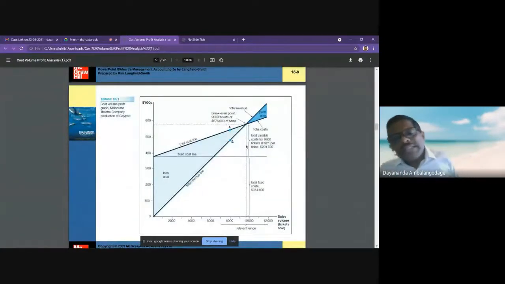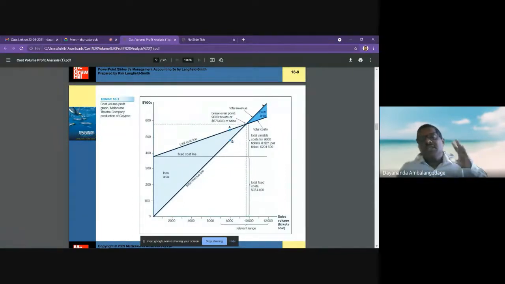So when you look at this chart, this is called revenue. You see it is linear. Linear means the slope of the curve is constant. So how do you calculate the slope?